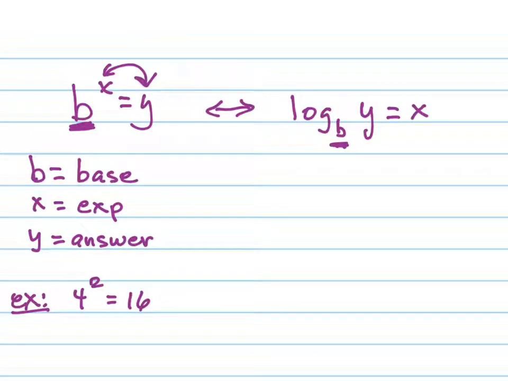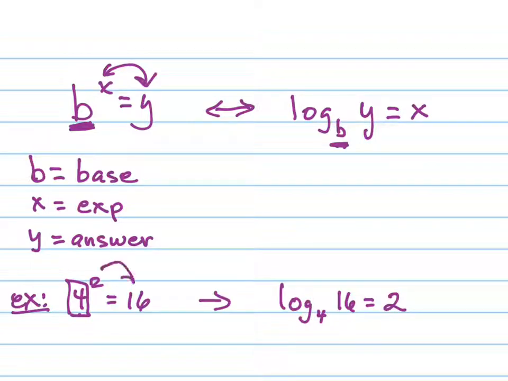Super easy. So for this particular one, again, the base of the exponent becomes the base of the logarithm. The answer now goes next to it, and the exponent moves.